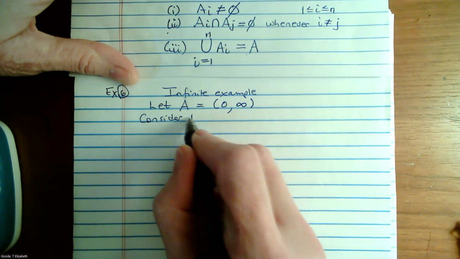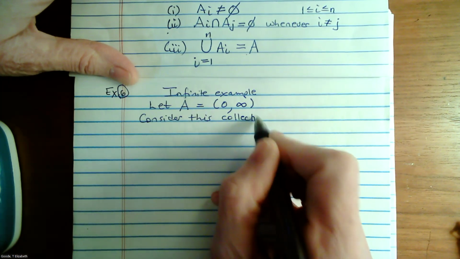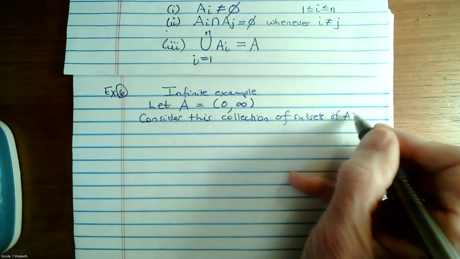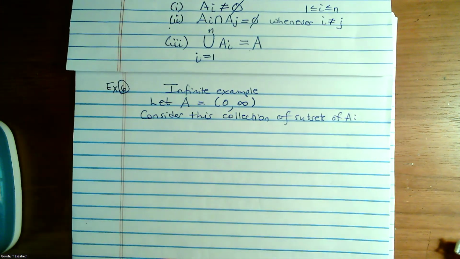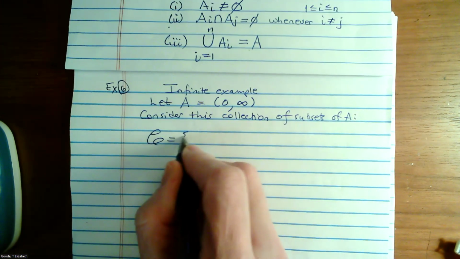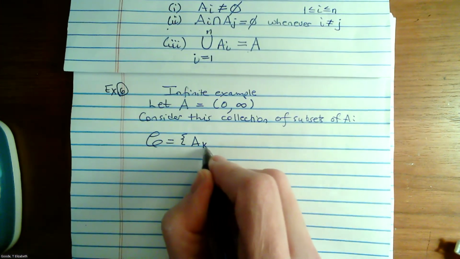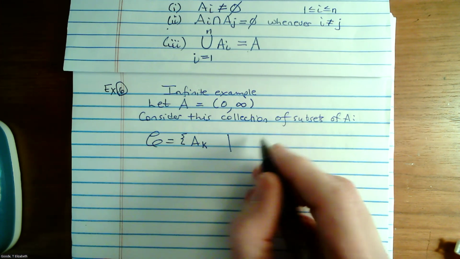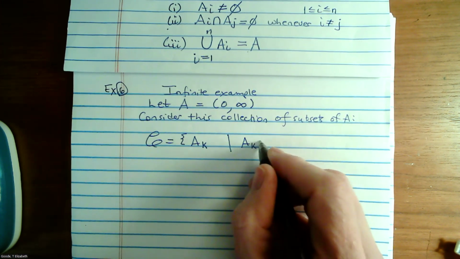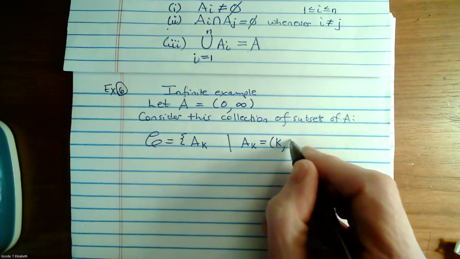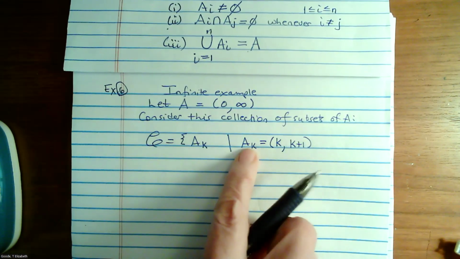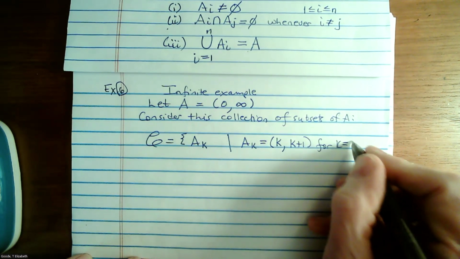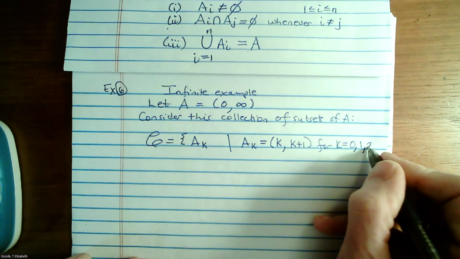Consider this collection of subsets of A. This collection is a set of sets, we'll call them A sub k's, such that A sub k equals, I've got a typo in the notes, is equal to the interval from k to k plus 1, for k equals 0, 1, 2, dot, dot, dot.